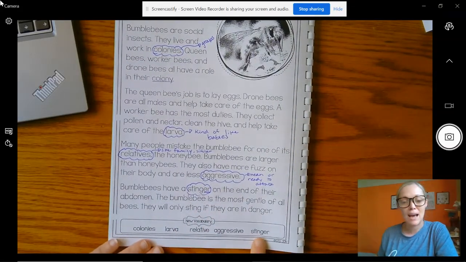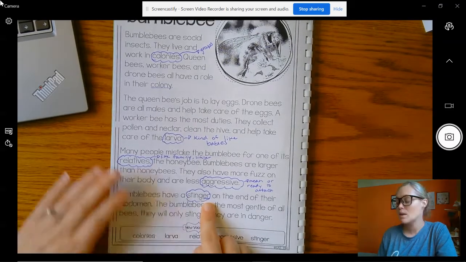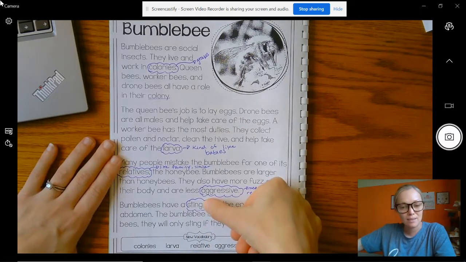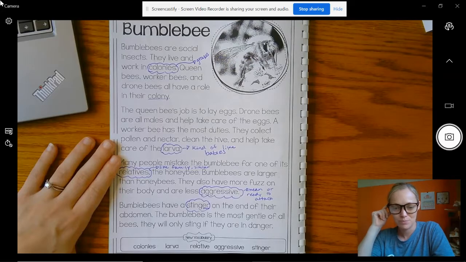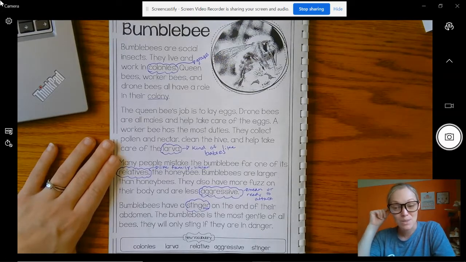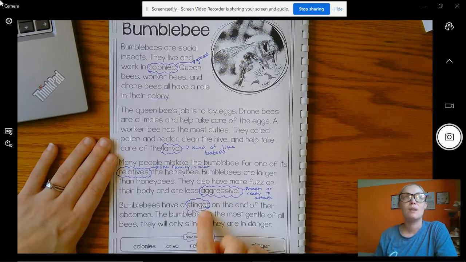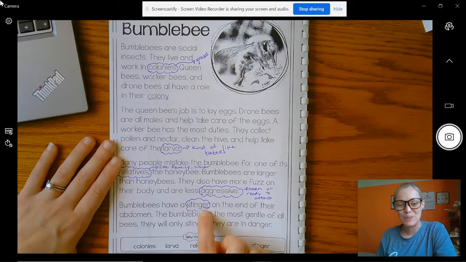And then our last word is stinger. You say stinger? So we have the root word sting. So what do you think a stinger is? Sometimes when we add er to the end of a word, it means someone who, or a person who, or a bee who.